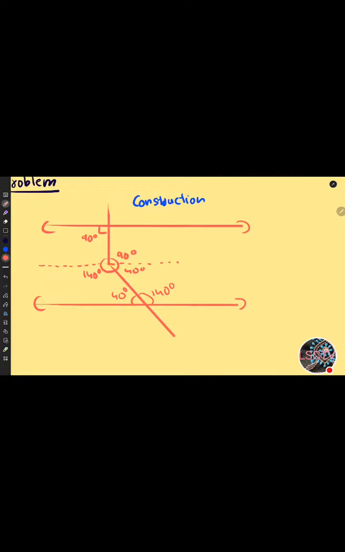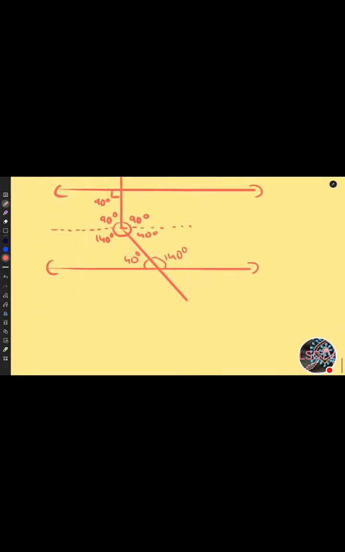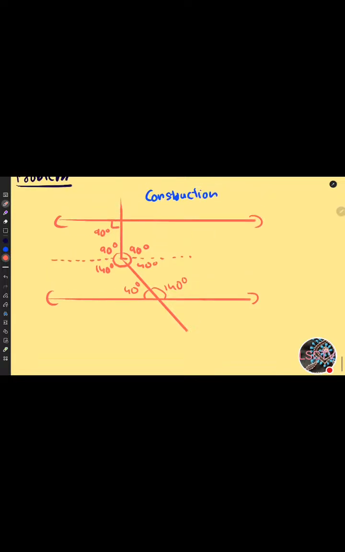This is also 90 degrees. See, this question is correct. How? Because 40, 140; 140 plus 90 is 230. 230 plus 130 is how much? 360. Correct, this is proved. Now, this is also 90 degrees. So this angle is found to be 230 degrees.